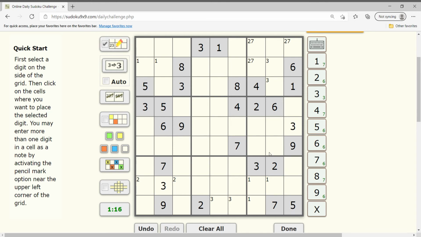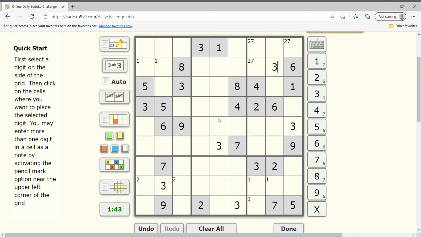And this is 3 as well. So we know this cannot be 3. This is 3. Okay. Actually, this is not 3. This is 3. Okay, so we know all the 3s.